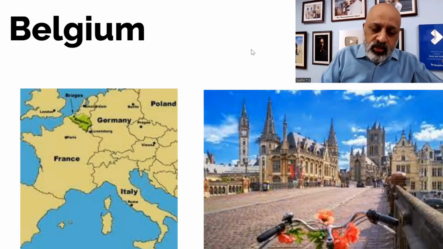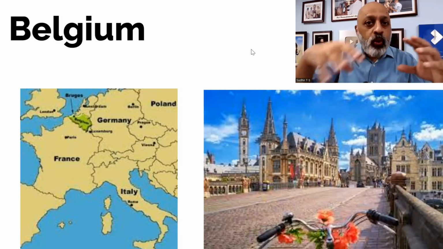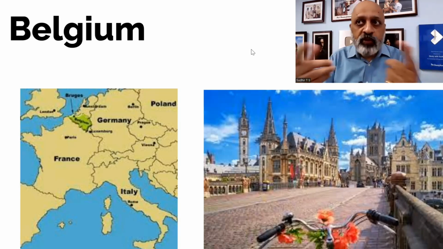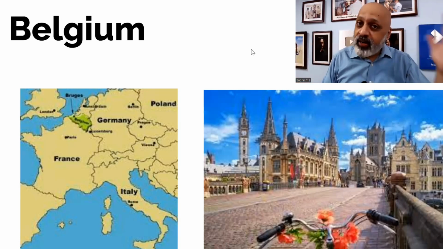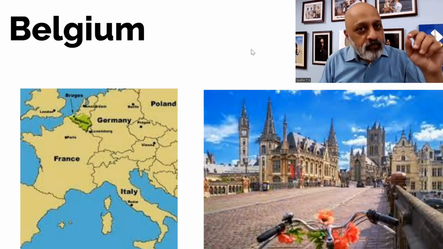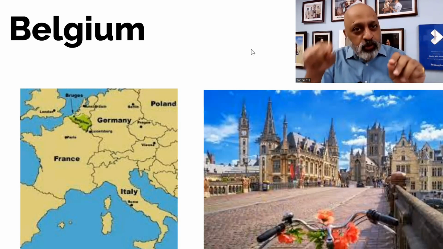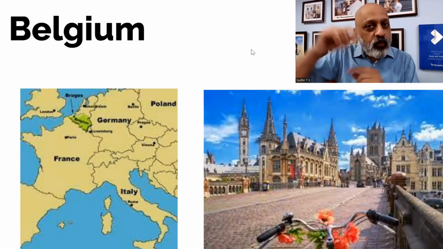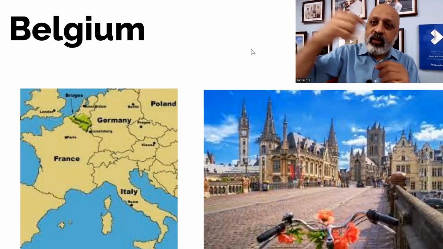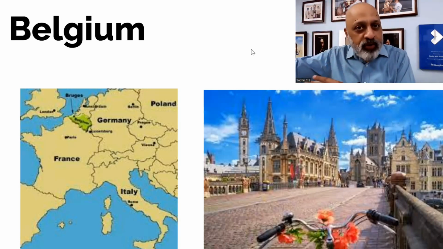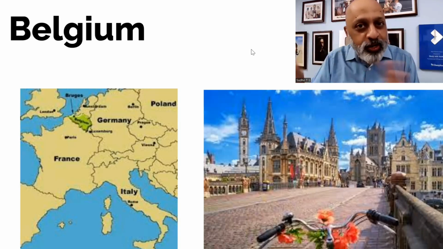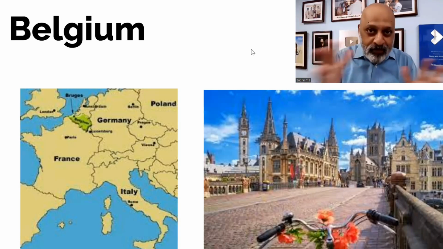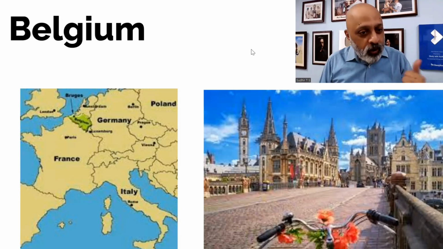So you cross the sea, you come into Belgium. That's the first stop. In fact, in 2001, after I'd done a course in the UK, we traveled from London to Brussels in Belgium. Then we went to Amsterdam in Holland, then Paris, and then Frankfurt in Germany. So that's the usual tourist kind of map that is quite popular out there.